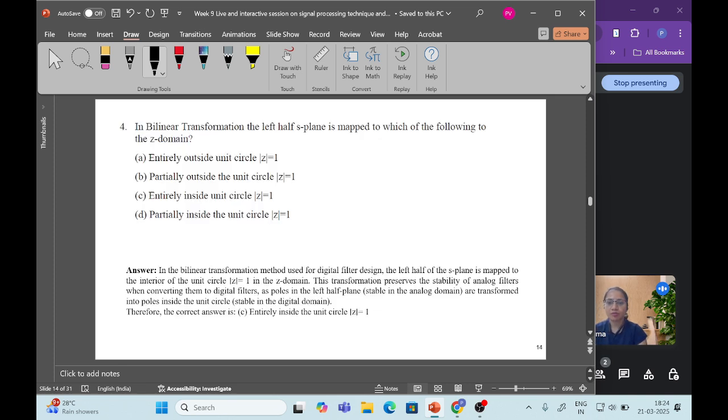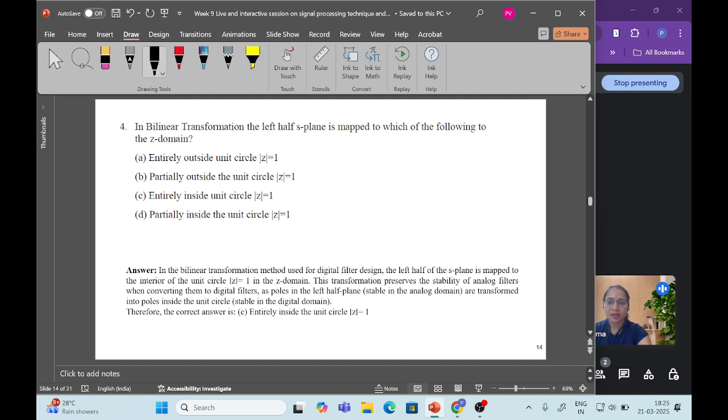Now the next question is: in bilinear transformation, the left half of the S plane is mapped to which of the following in the Z domain? Option A is entirely outside the unit circle, that is mod of Z equal to 1. Option B, partially outside the unit circle. Option C, entirely inside the unit circle, and option D, partially inside the unit circle.